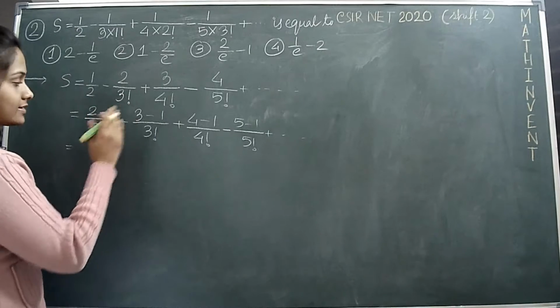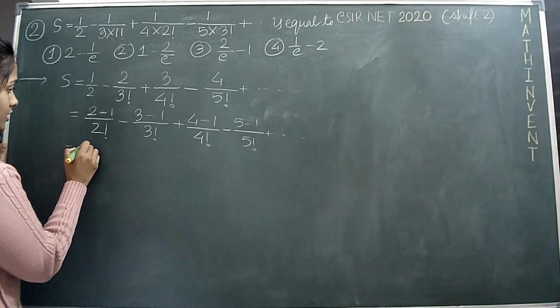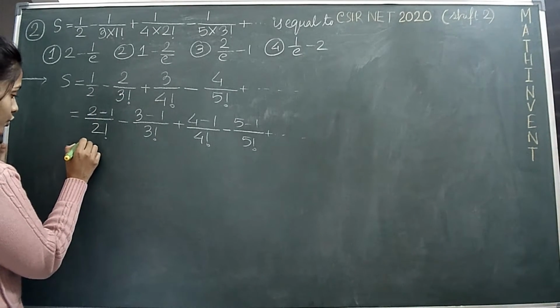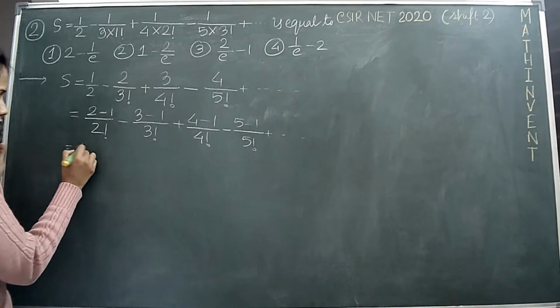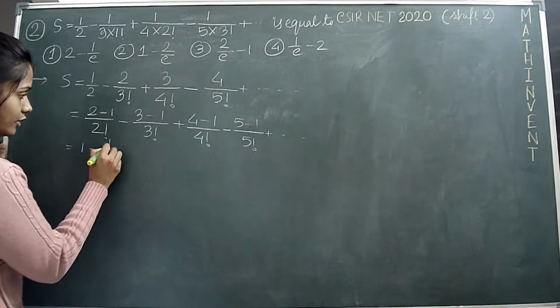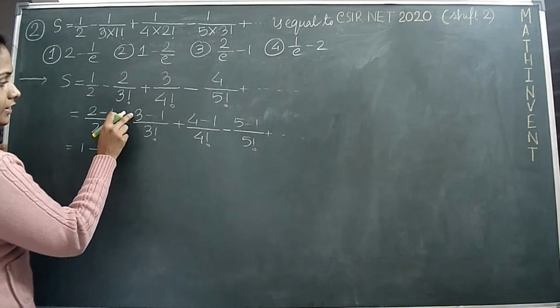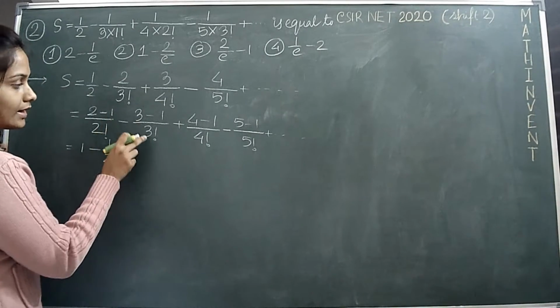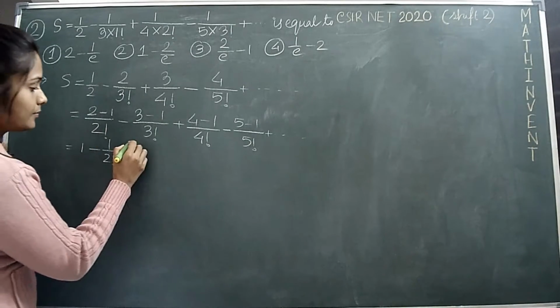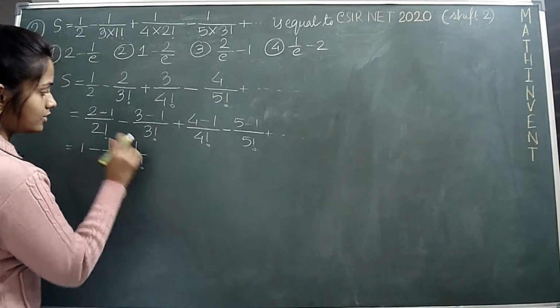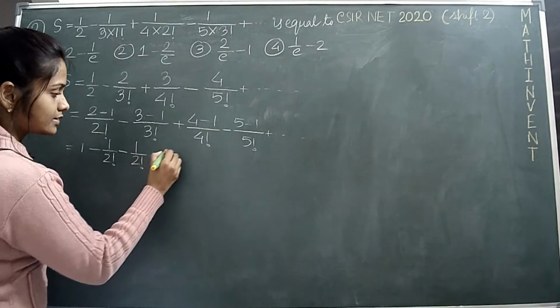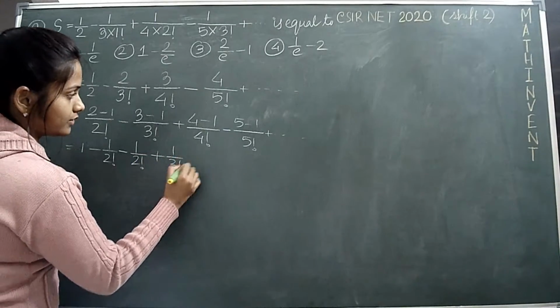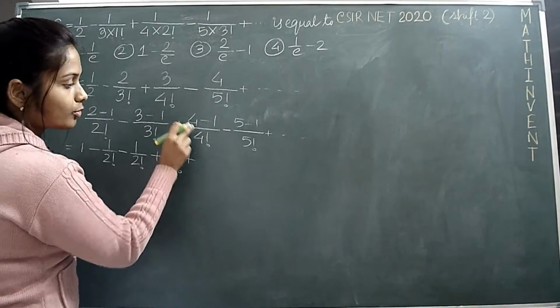If we separate these terms, we will have 2 by 2 factorial, it will be 1 minus 1 by 2 factorial. Here we have minus 3 by 3 factorial. So 3 and 3 will get cancelled out. We will have 1 by 2 factorial, minus minus plus 1 by 3 factorial, plus 4 by 4 factorial.